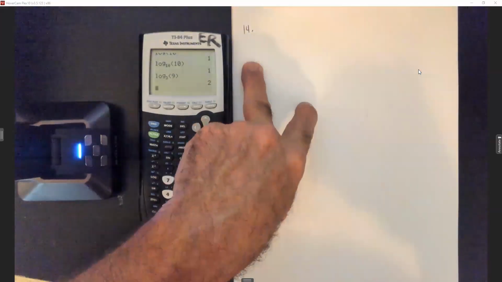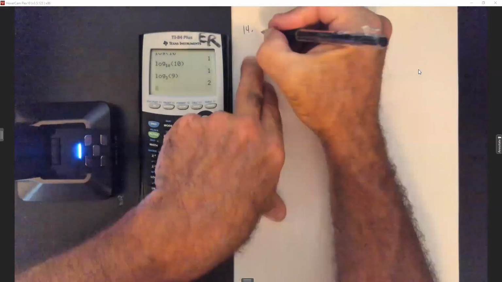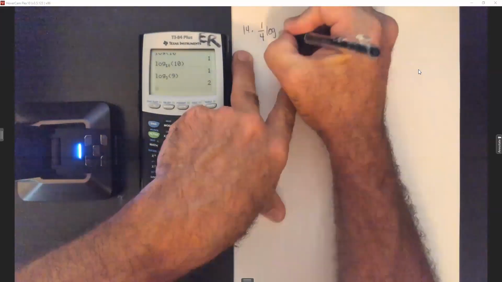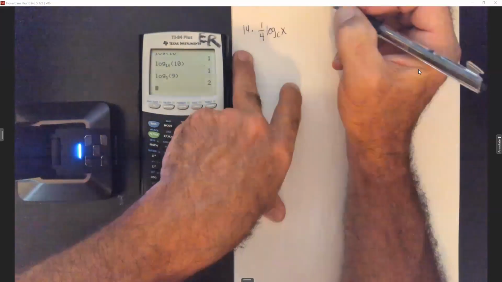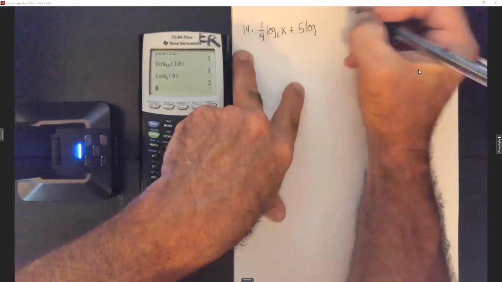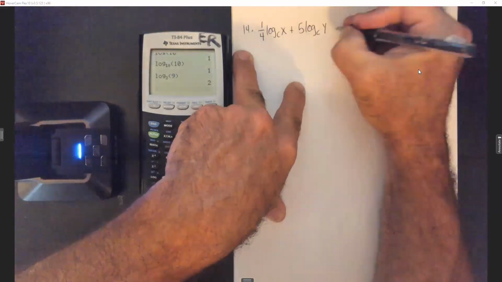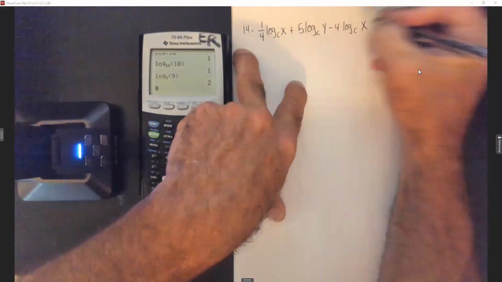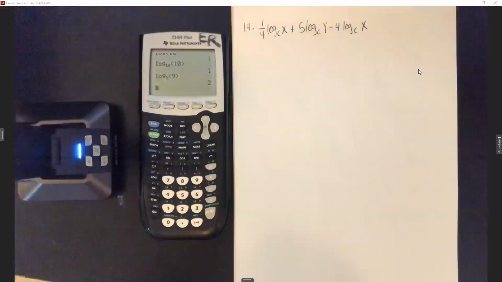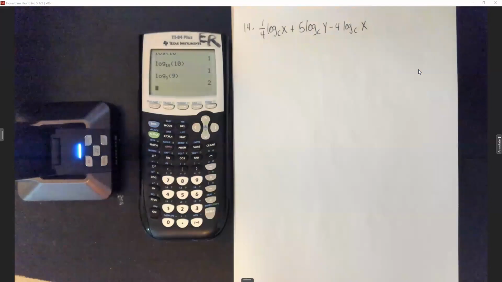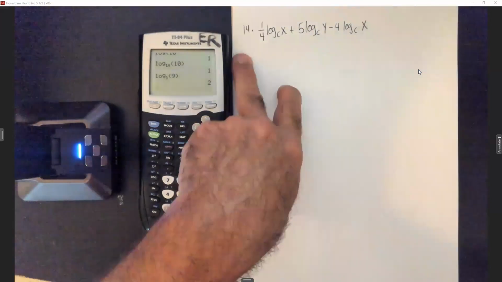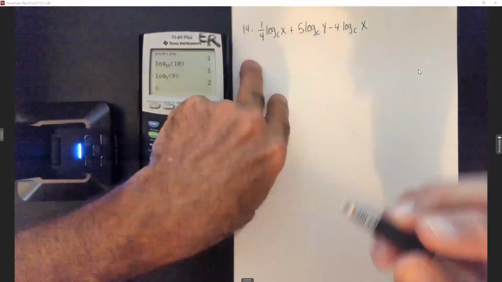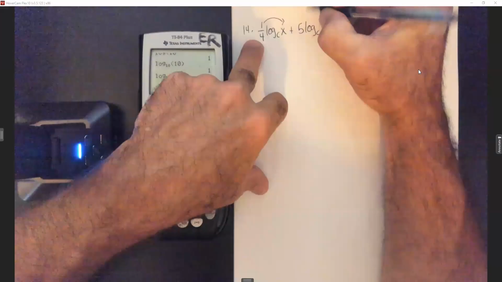All right, this has the same rules we just went through. So we're going to turn it up a little bit. How about a 1/4 log C of X plus a 5 log C of Y minus 4 log C of X. All right, so working in reverse, the first thing I would probably do is take all these exponents and shoot them back up to their variables.